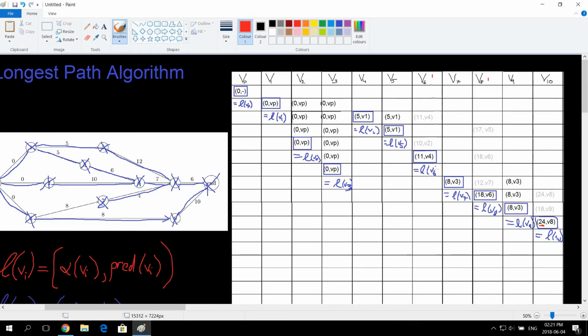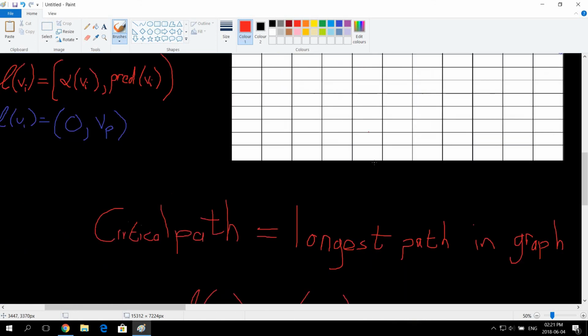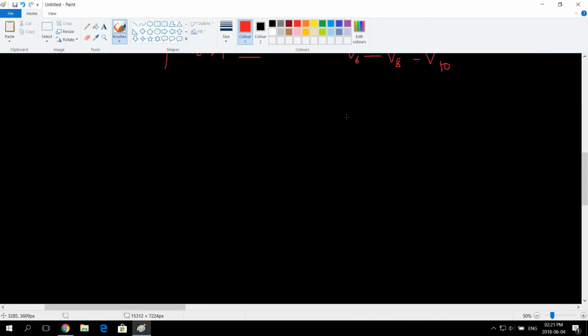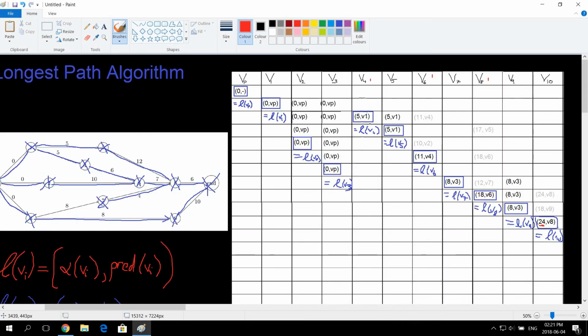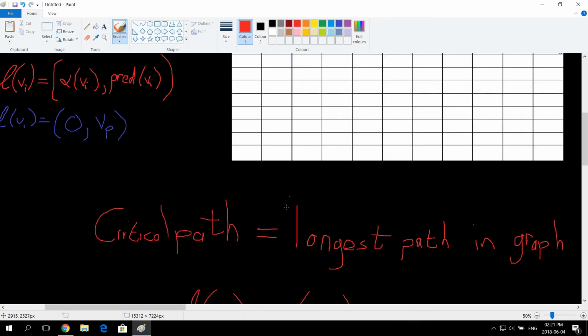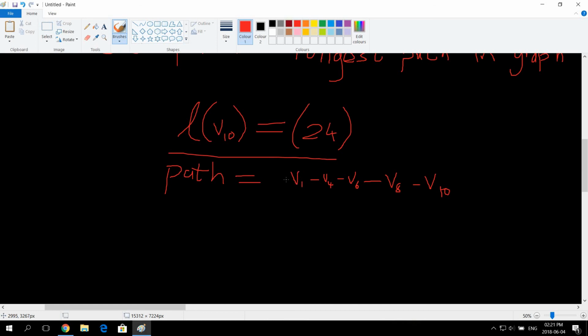V6 came from V4. And V4 came from V1, and V1 came from VP. Okay, because VP was our source.